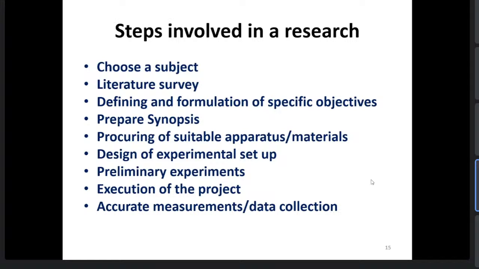We have to set up the experimental requirements, conduct experiments, then execute the project, and after finishing it, you can write an article on that particular job that we have done, for publication or to make it public. Now move to the next slide.